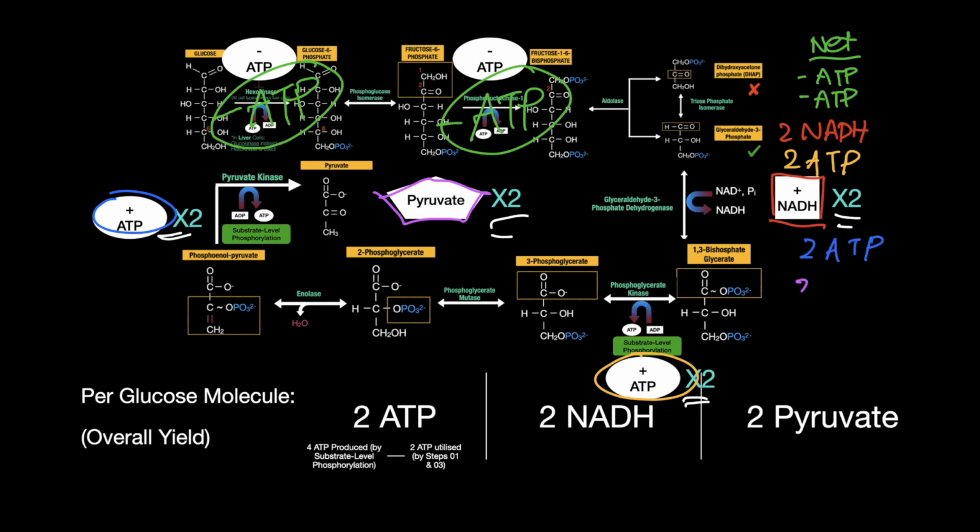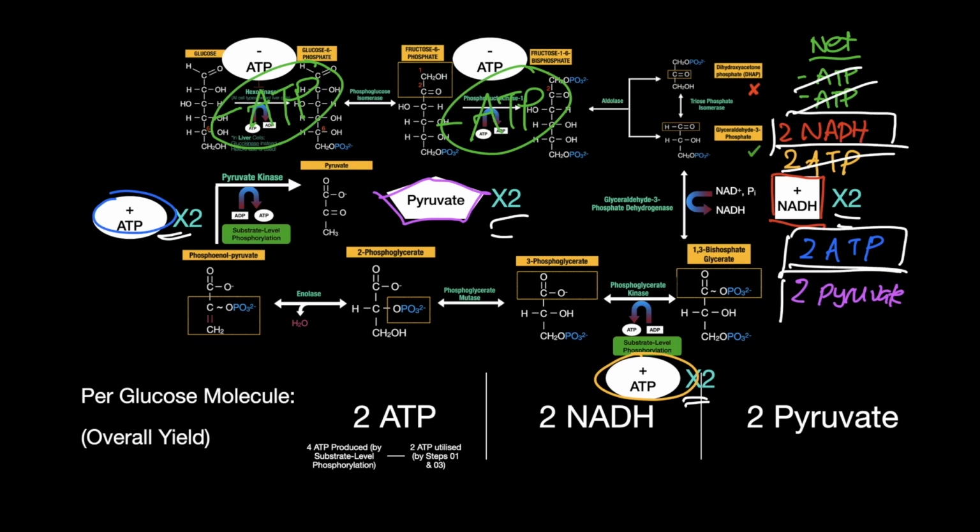So essentially, per glucose molecule, we can get an overall yield of 2 ATP, 2 NADH, and 2 pyruvate. So why 2 ATP? Because we get 4 ATP generated in total from 2 GAP molecules, but minus the 2 ATP that we have invested at the start.